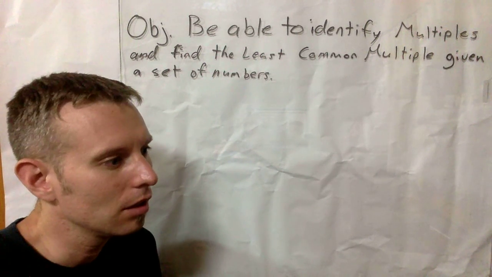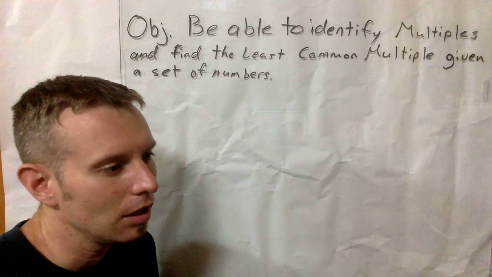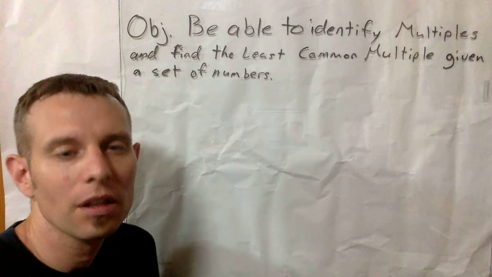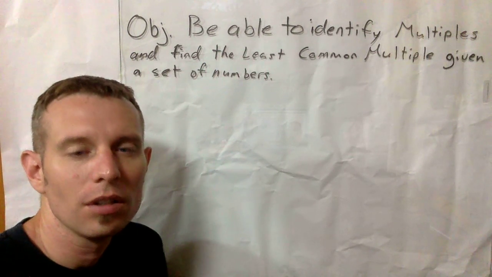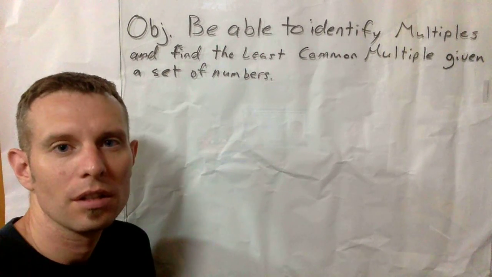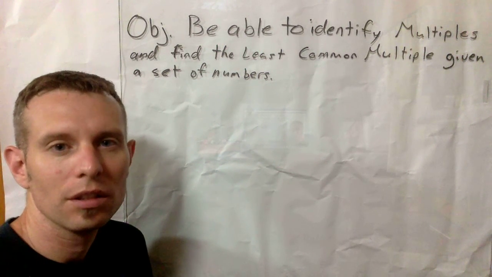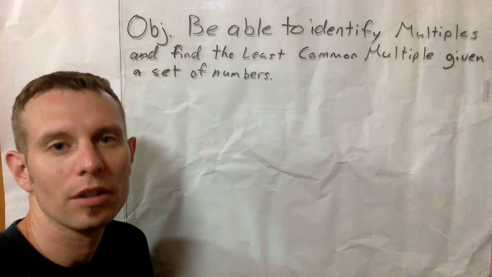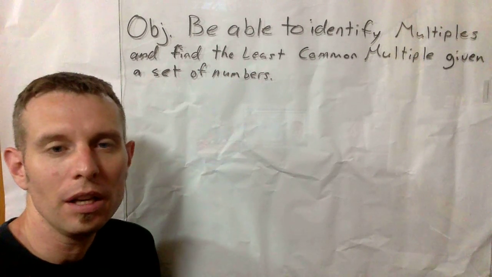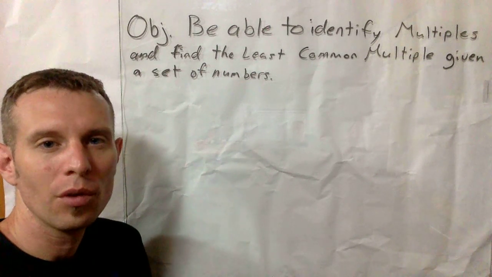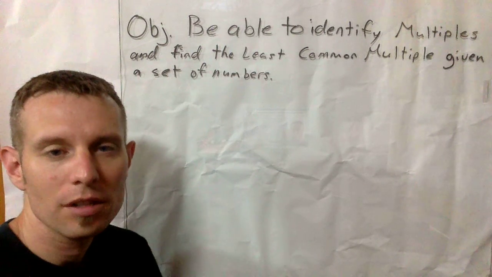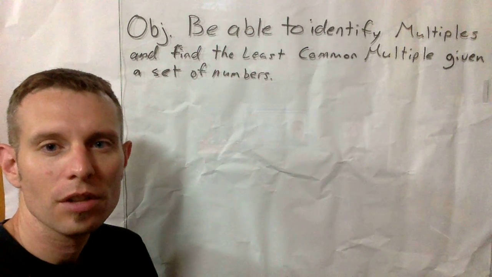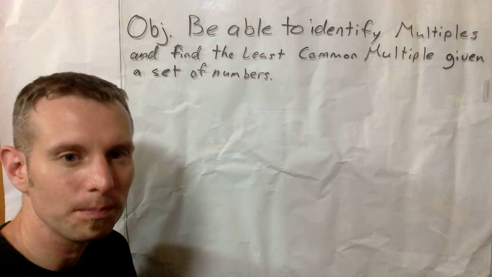So, for example, 3 and 8, let's say, you have 3, 6, 9, 12, 15, 18, 21, 24. And 8 would be 8, 16, 24. They both share a multiple of 24, and that is the first multiple they share. So that's the least common multiple.